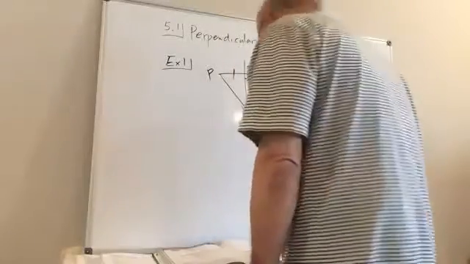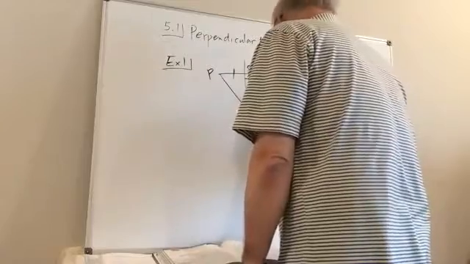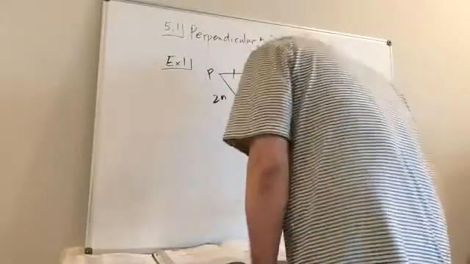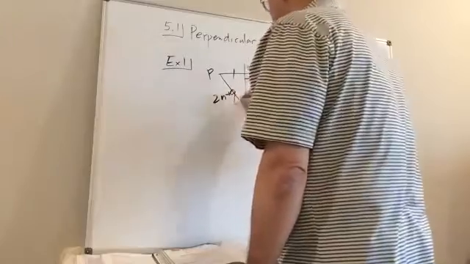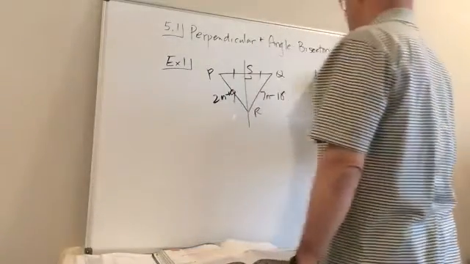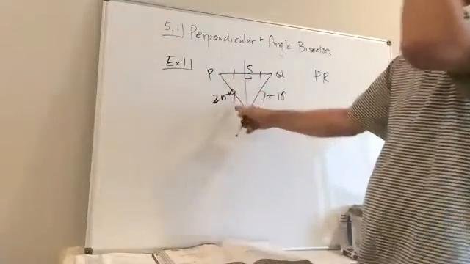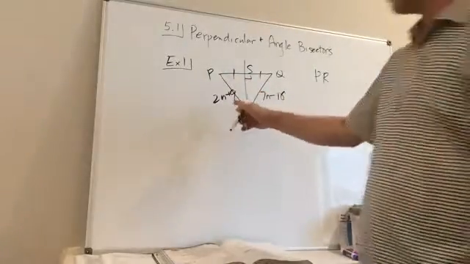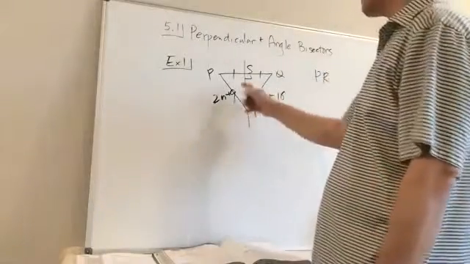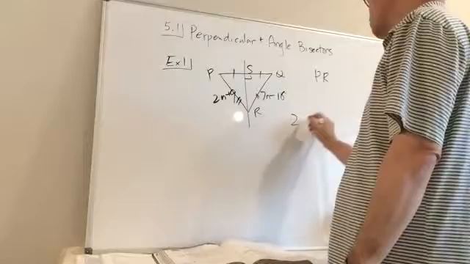This is 90 degrees. And this is 7n minus 18, and this is 2n plus 9. We want to know the length of PR. We know it's 2n plus 9. We just need to figure out what n is here. But we also know that these two lengths are the same, so I can put them equal to each other.